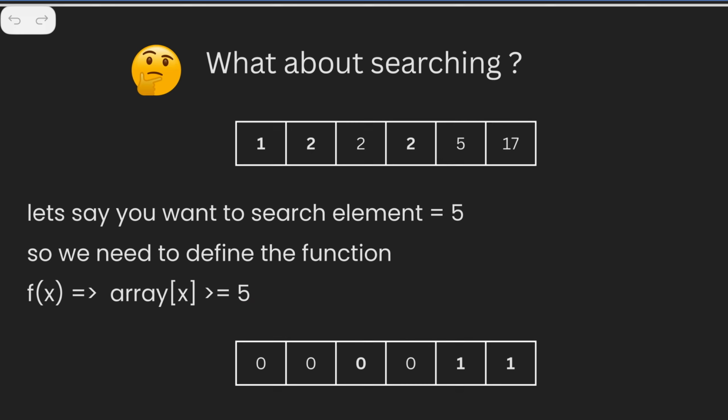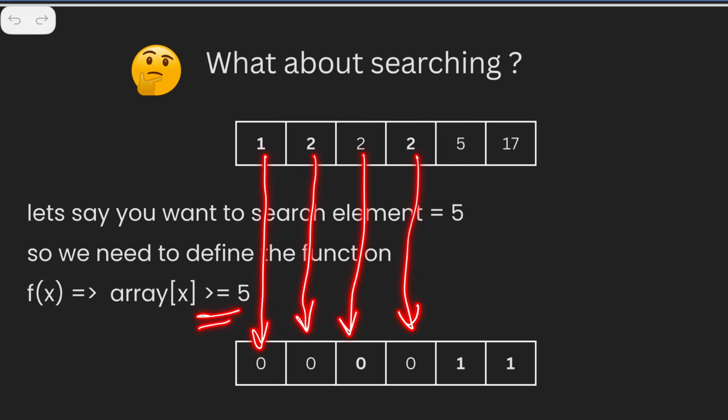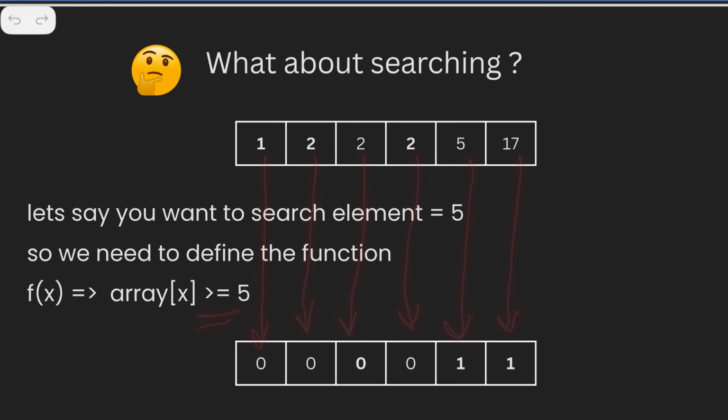Let's look at the example that we have here. 1 is less than 5, so it will be 0. 2 is less than 5, so it will be 0. Again, same thing. Now 5 is greater than or equal to 5, so it will be 1. 17 is greater than or equal to 5, so it will be 1. Now I managed to define a function f of x that converted our input array into the array that we want.